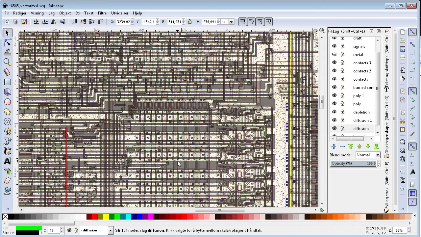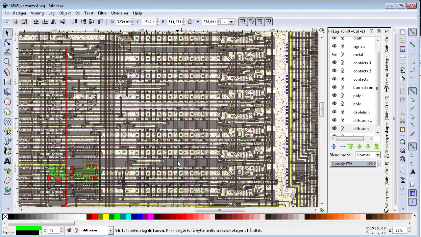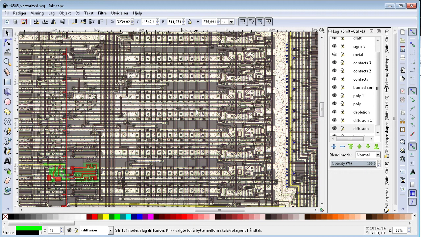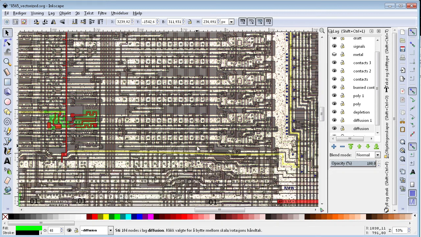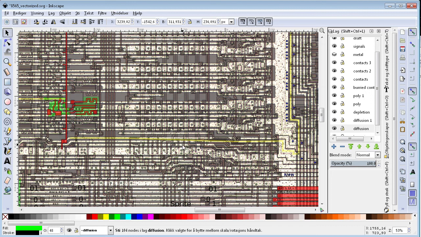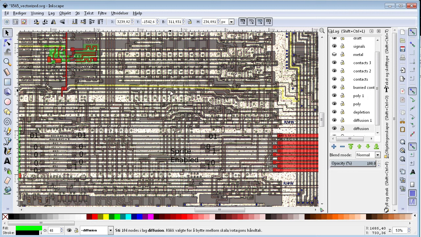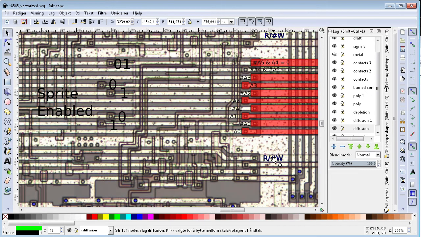Now I'm not sure how this ROM, or if it's a ROM anyway, works, but what I see is that whenever this counter is matching some key here, then these lines that go down there, I think they are control lines. And the reason why I think they are control lines is because they go through this address bus here and down to something I have found. This is read and write, and this is control.